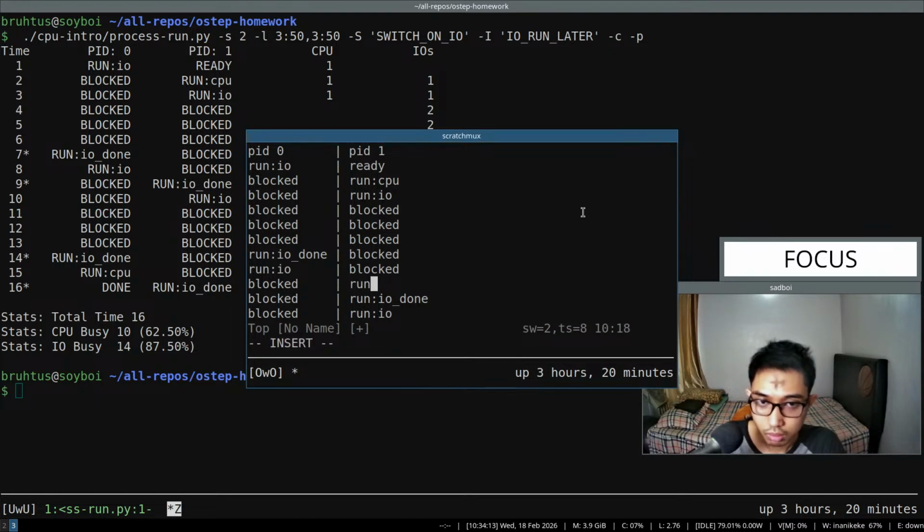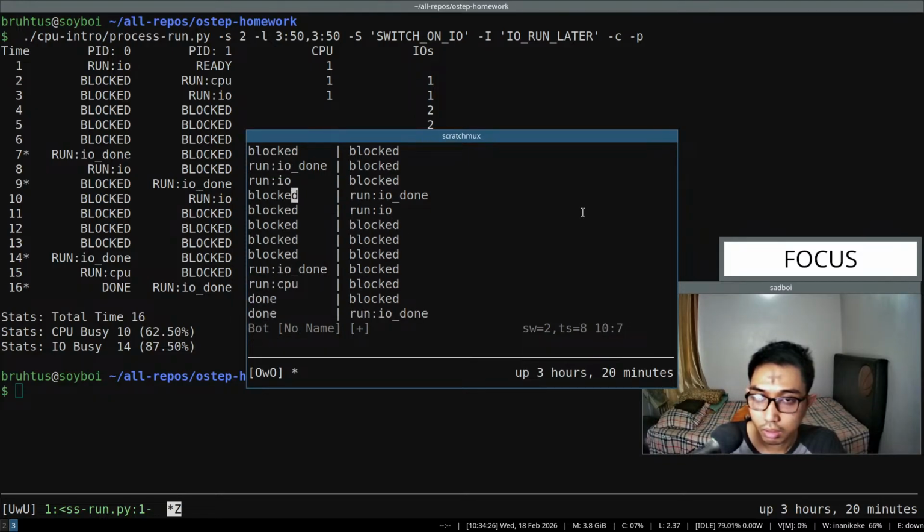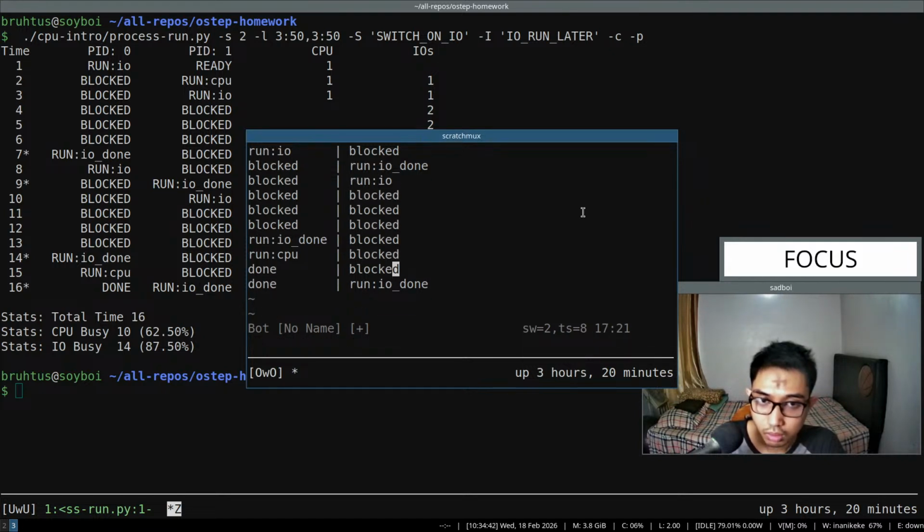This one IO done maybe. And then running IO again. Block, okay. This is 5. This one, 1, 2, 3, 4, 5. Okay.